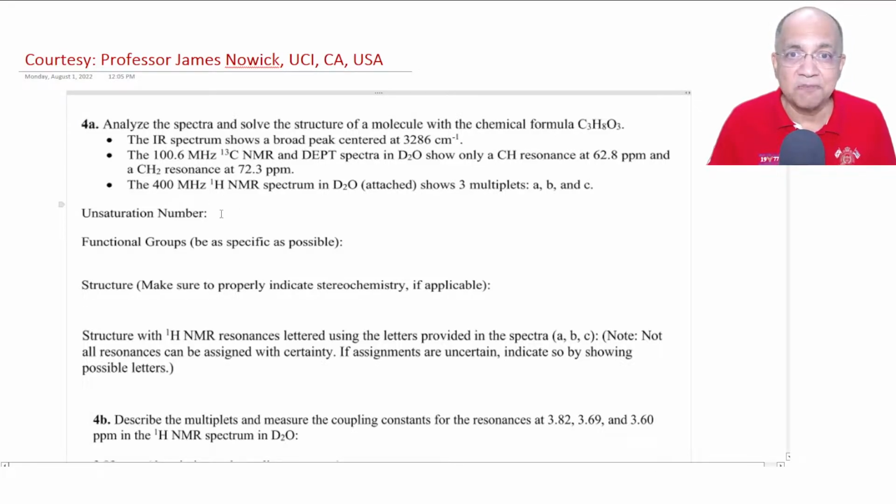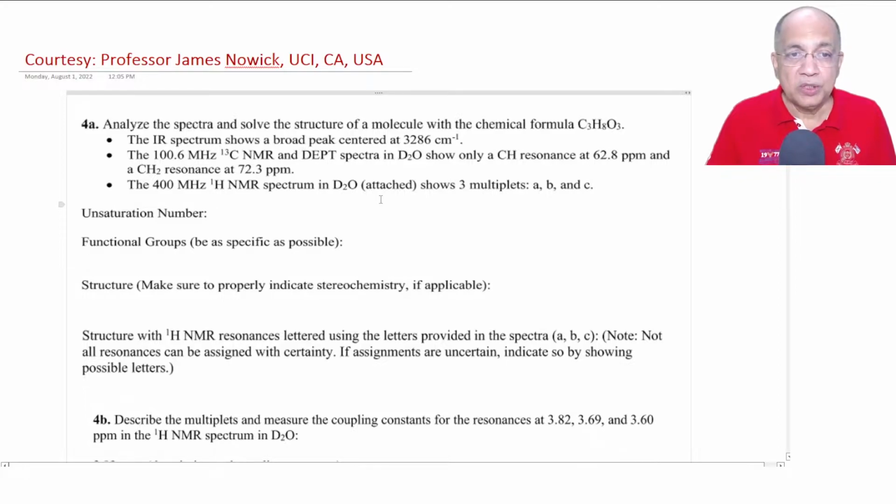This is the straightforward question that I have copy pasted here, that was set in their examination at the University of California, Irvine. Right? So now look at the formula. It is saturated. It has an OH group and it has only one CH carbon and one CH2 carbon. That is revealed from the DEPT C13 experiment.